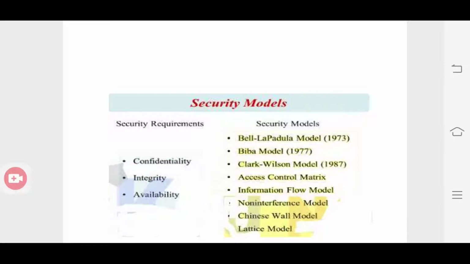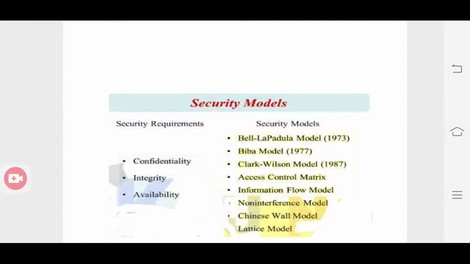So what is actually a security policy and a security model? A security policy means the abstract goals or requirements of the system which is to be protected, and a security model means a mathematical relationship, or the do's and don'ts to necessarily fulfill the goals. We have a large number of security models. We have three main security requirements: confidentiality, integrity, and availability. We already discussed them in the first module.